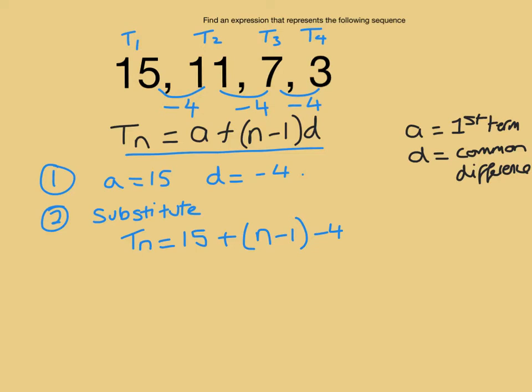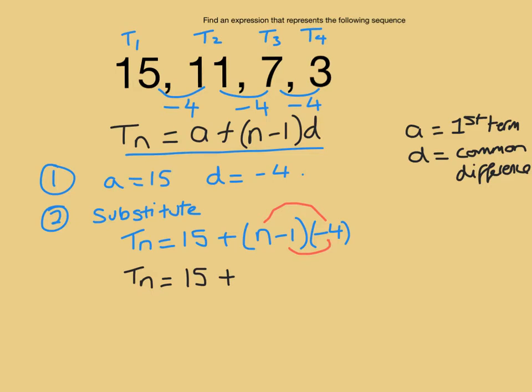So when I simplify, that's going to be minus 4 by n, and then minus 4 by minus 1. So simplifying this, I get Tn equals 15 plus, okay, let's multiply in that minus 4. It makes it easier if I put that into little brackets, otherwise you might think it's take away 4.